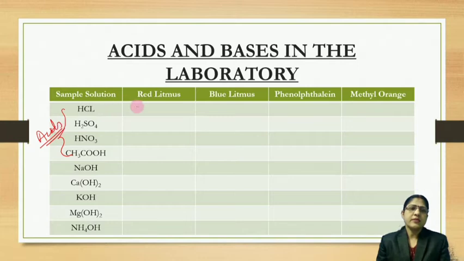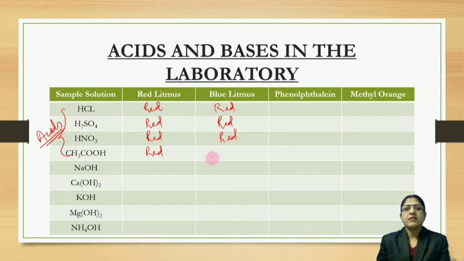So how do they change color? Red litmus, no change. That means it remains red. Here blue litmus turns red. Then phenolphthalein is colorless in acid.